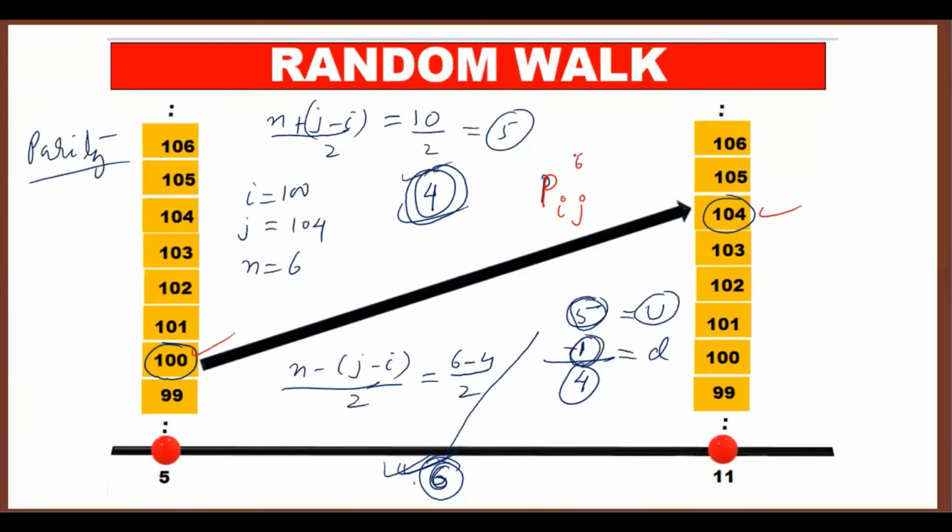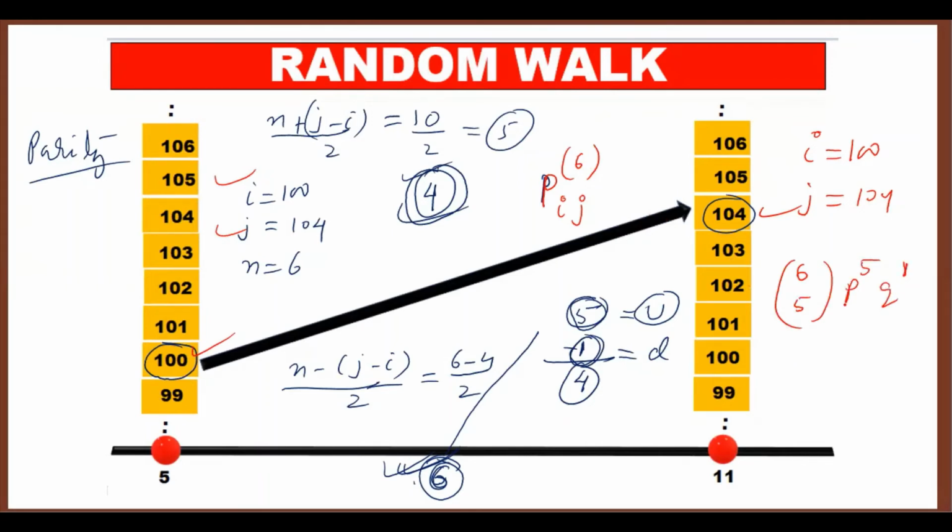Here you write i as 100, j as 104. I have written it here already. If you want to find the probability, that will be n choose u, n is 6, u is 5, so 6 choose 5, p to the power 5, q to the power 1.